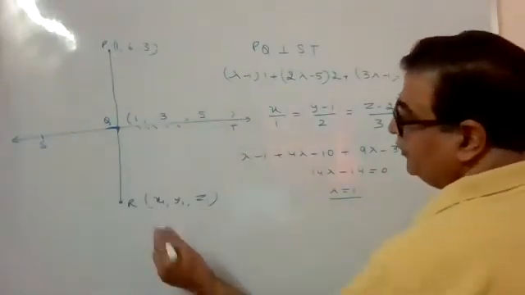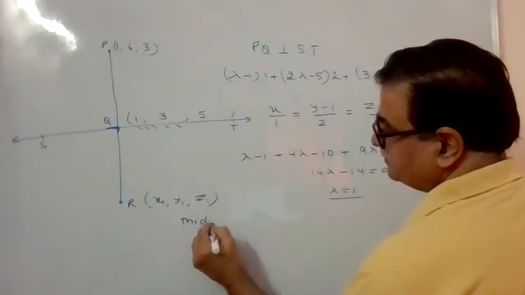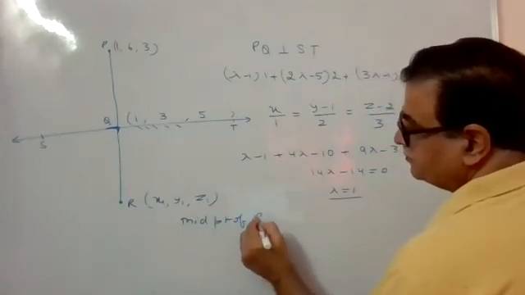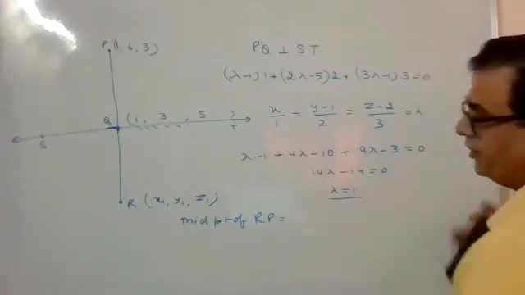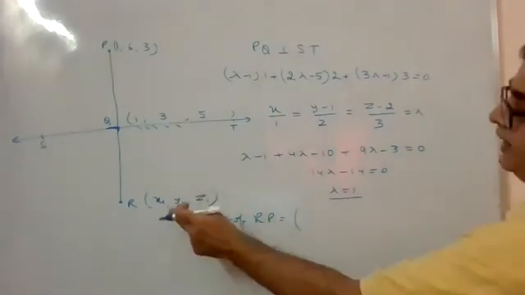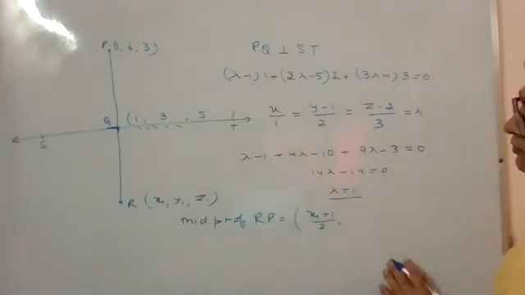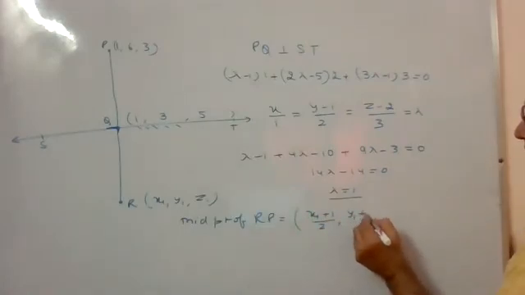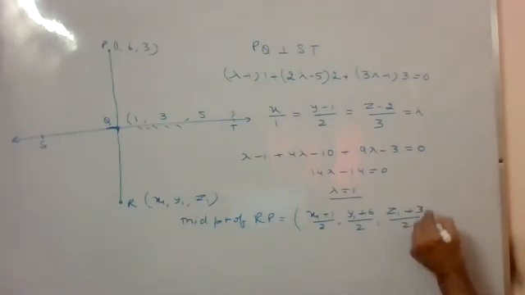What is the midpoint of RP? The coordinates will be x1 plus 1 by 2, then y1 plus 6 by 2, and then z1 plus 3 by 2.